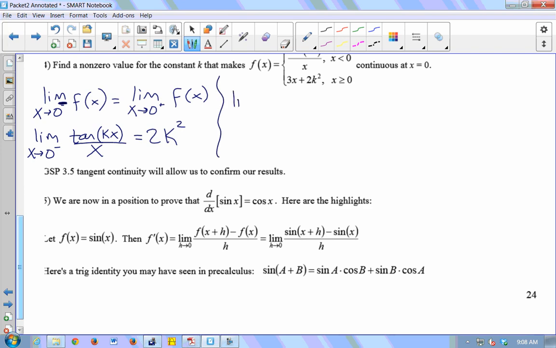Okay, so I'm taking the limit as x goes to 0 from the left of sine kx divided by cosine kx, and that should all be over x, but just a little piece of algebra, I can put that x there.